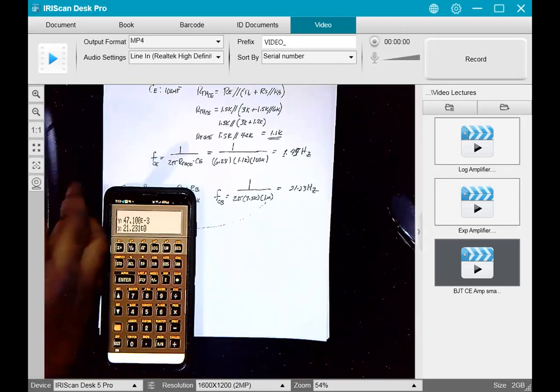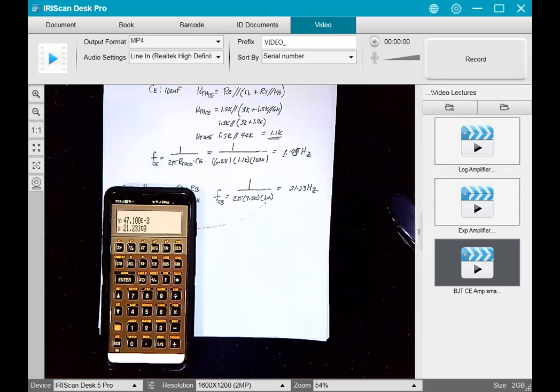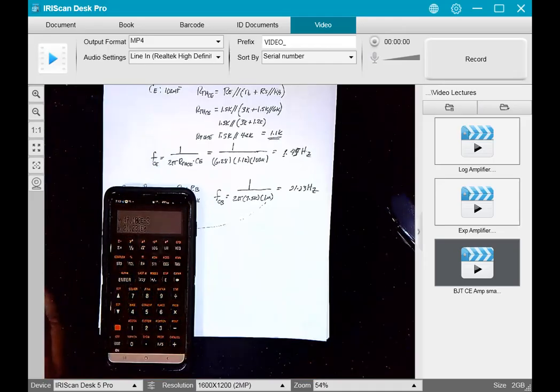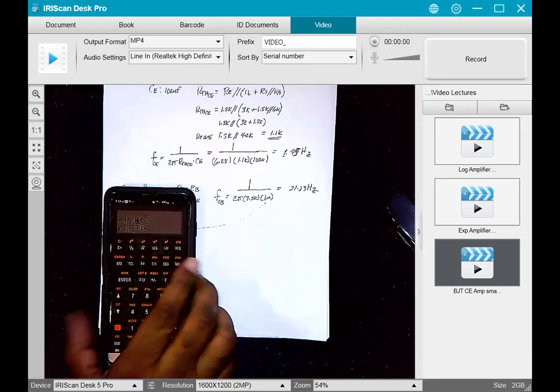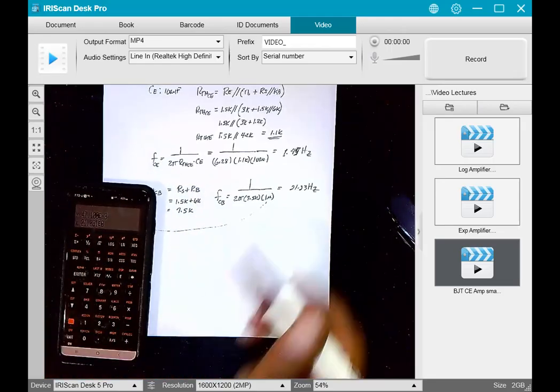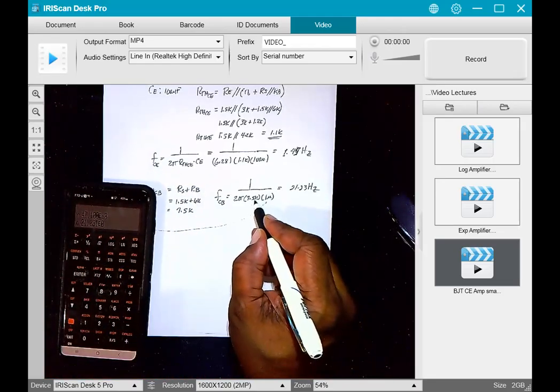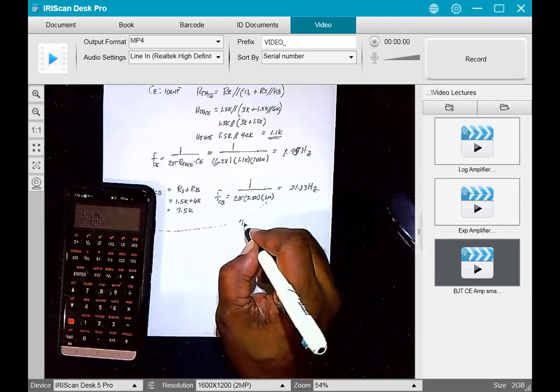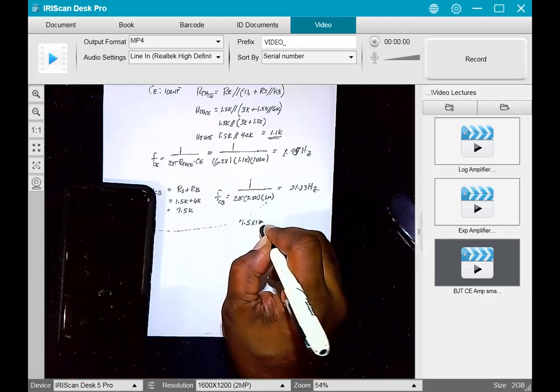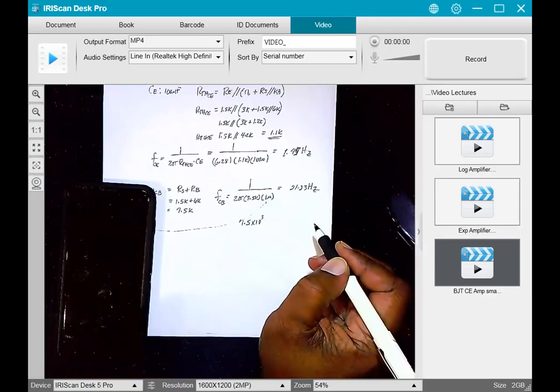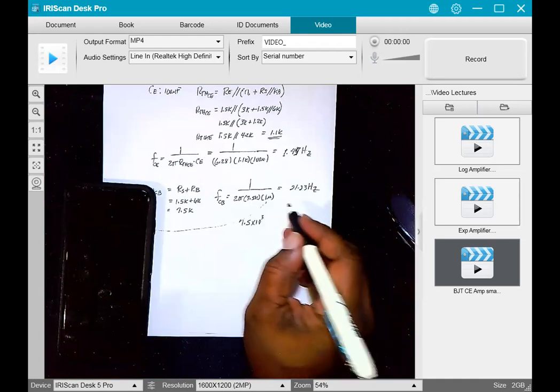So what you're telling me is we need some practice learning how to work out calculators. I'm trying to figure out where you were getting the 3 and the 6 from. The 3 came from here, 7.5K. That's 7.5 times 10 to the third. Okay, I see what you're doing. So 10 to the third.